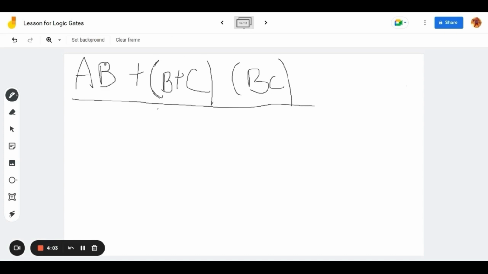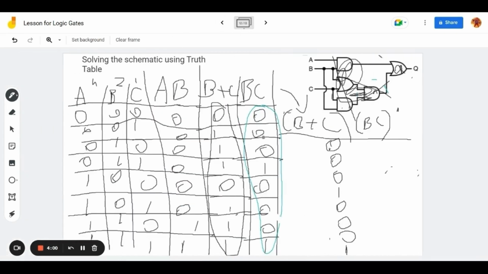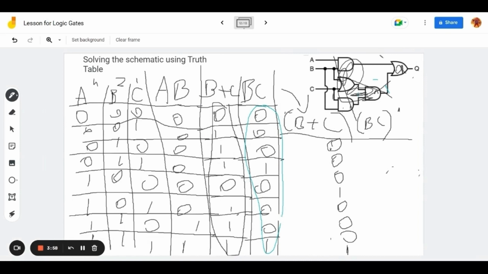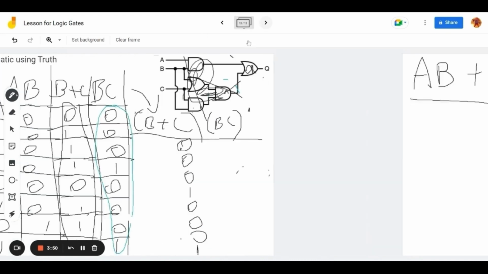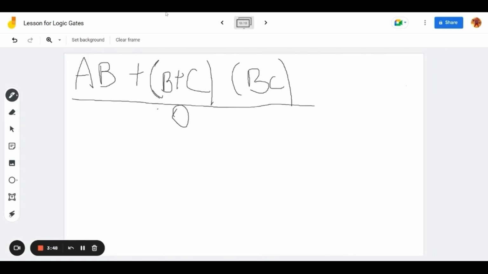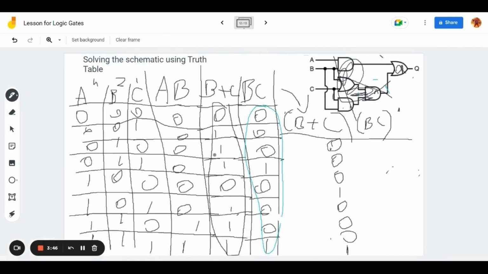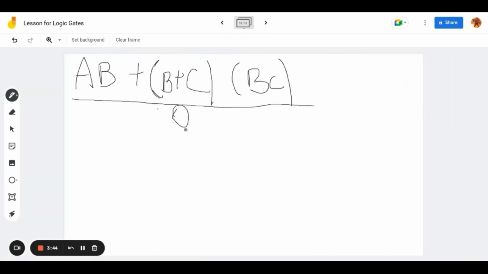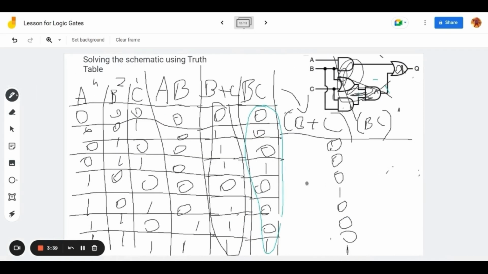So now we just add them together. So we just go back and forth between the pages and add them together. AB's first value is 0. This expression's first value here is 0. 0 plus 0 equals 0. The first value would be 0. Next would be again 0. And we continue doing this. Next would also be 0.